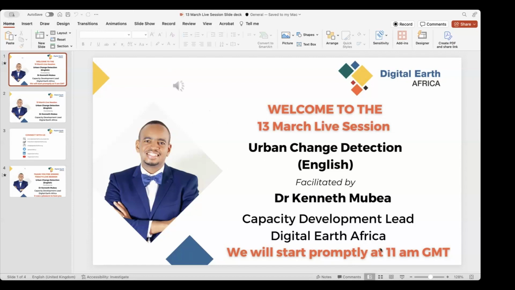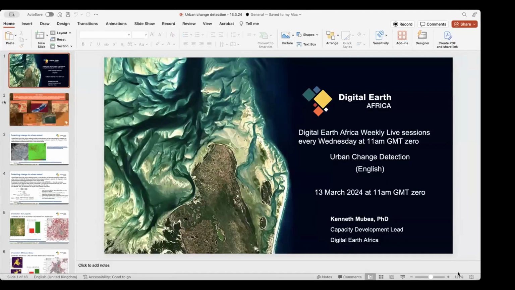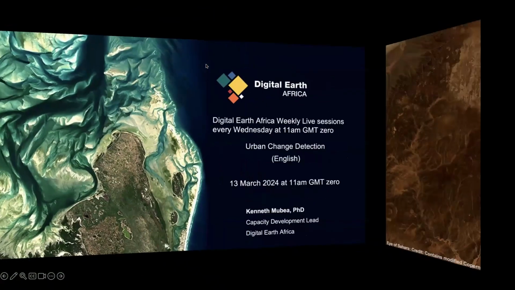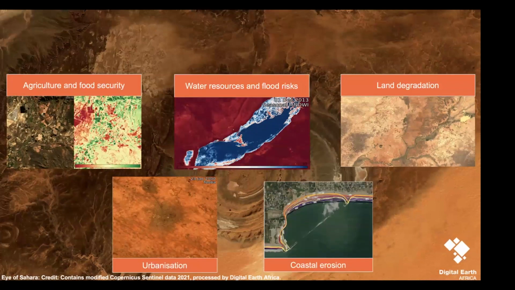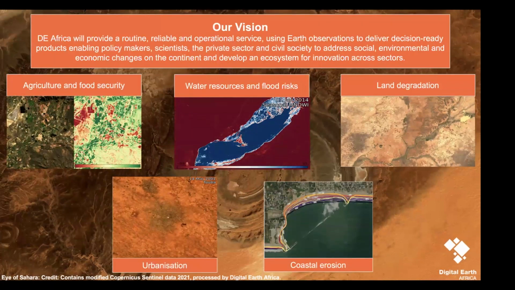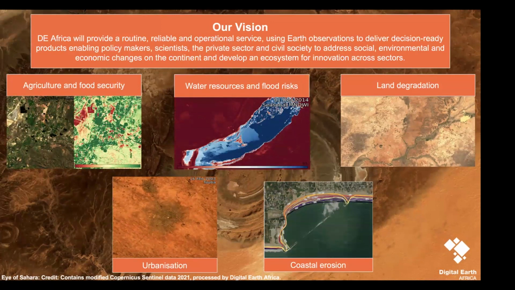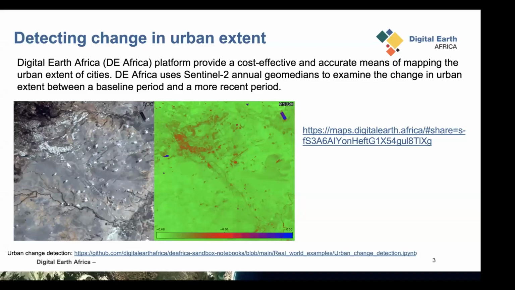From Digital Africa, we are providing fit for purpose analysis ready data, which is a game changer in your areas. Today we're focusing on urbanization, and soon we'll talk about water resources in the next few presentations.